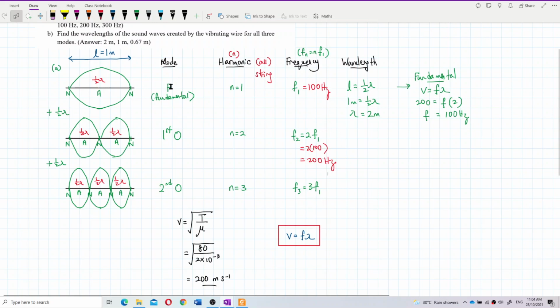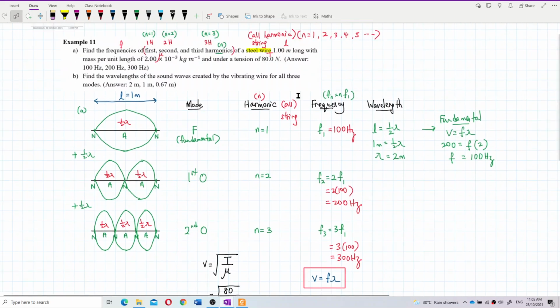It's 3 times the fundamental frequency. Remember, the number of the harmonic means how many times the fundamental frequency. So the third frequency is 3 times 100, so I got 300 hertz.